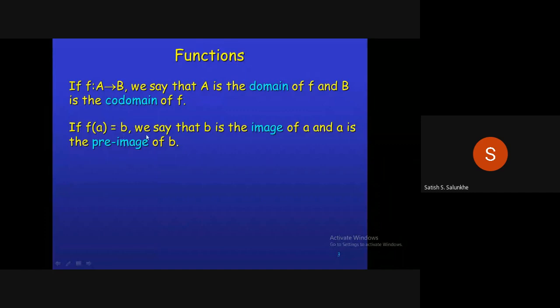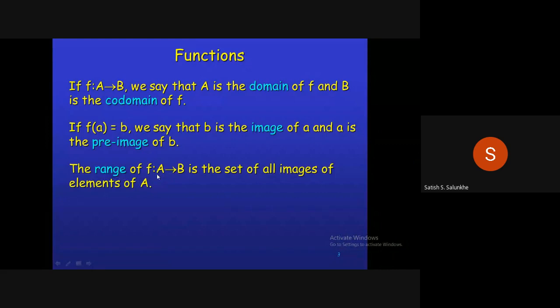This is what we have discussed just now. And there is one more thing, that is range. What is the range of the function? The range of function f from set A to set B is the set of all the images of elements of A. I will repeat again. The range of a function is itself a set. It is the collection of all the images of domain.